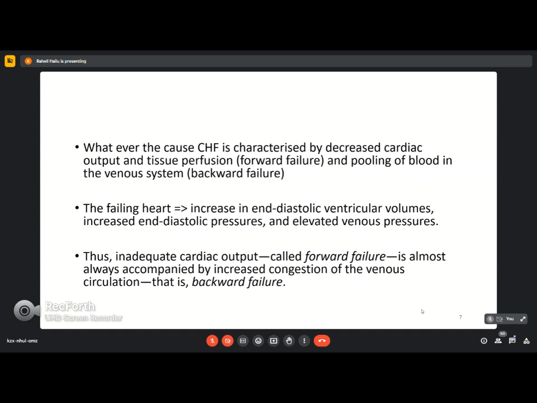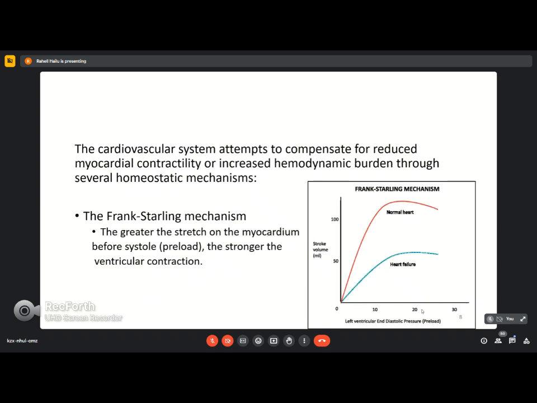The end-diastolic volume cannot get out, so within the ventricles there is a lot of backflow into the pulmonary circulation and then within the venous system as well. So there is a congestion of the venous circulation, and that is known as a backward failure. So forward failure is the inability of the heart to pump oxygenated blood out into the systemic circulation, whereas backward failure is the inability of the heart to fill, or also the pressures going back into the pulmonary circulation outside of the heart. That's what we call the backward failure.